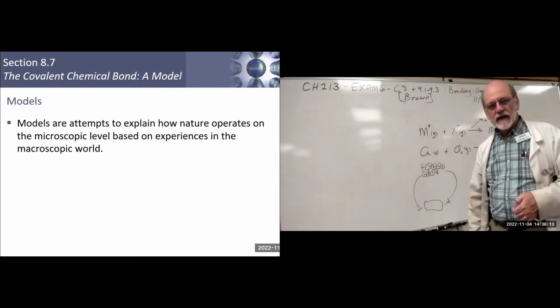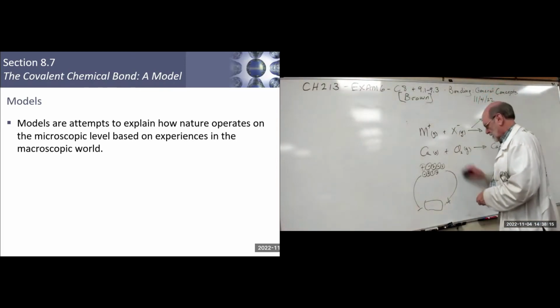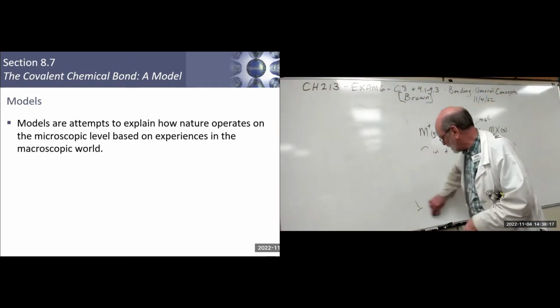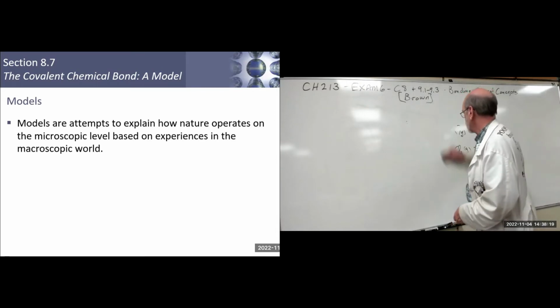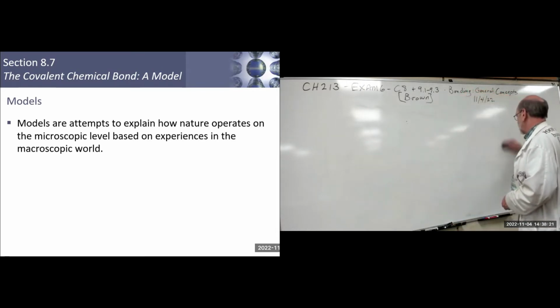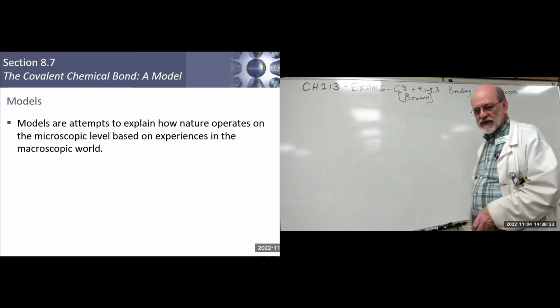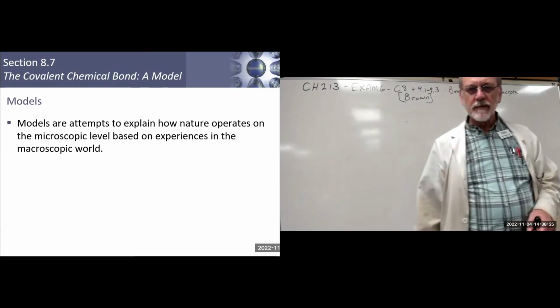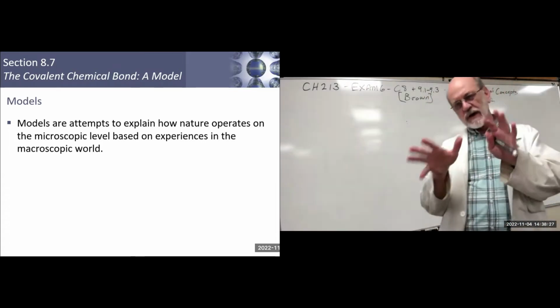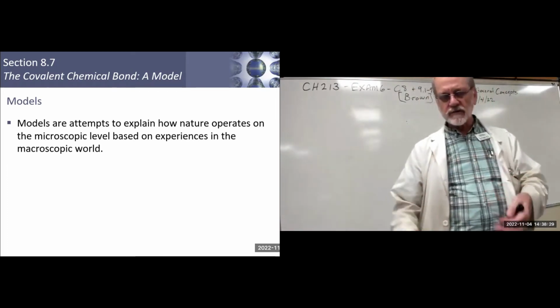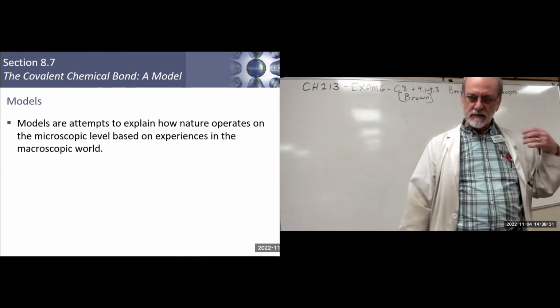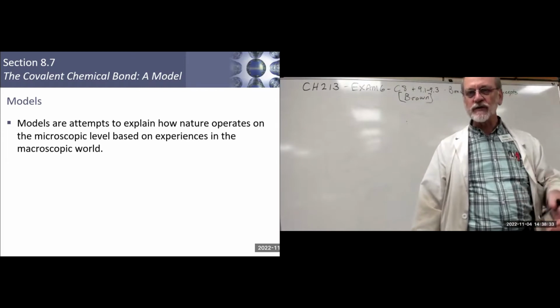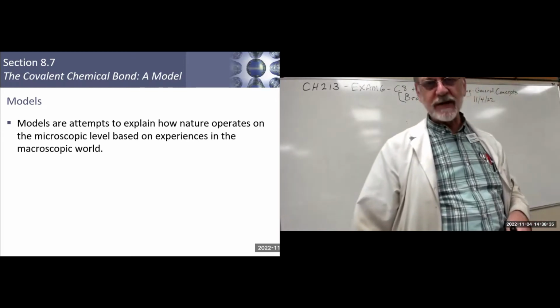Okay, so let's get a little bit theoretical here, which means we're going to have a theory, plus we're going to have a model to go along with it. And we're going to talk about the characteristics of a model, refresh your memory, or impart new information, whichever the case may be.